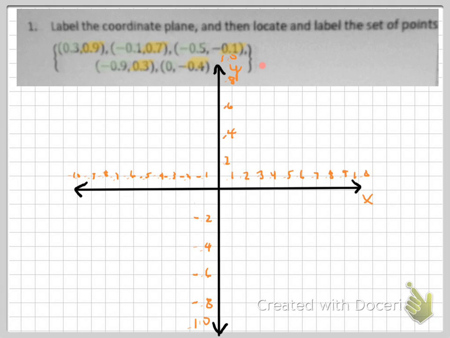Left to 0.1, up to 0.7 is going to put me right there. Third ordered pair, left 0.5, down 0.1. Left 0.5, down 0.1 is right there. And then the fourth ordered pair, left 0.9, up 0.3. Left 0.9 is here, up 0.3 is there. And the last one, 0, that means I don't go anywhere left or right, and then I go down to 0.4. So right there.